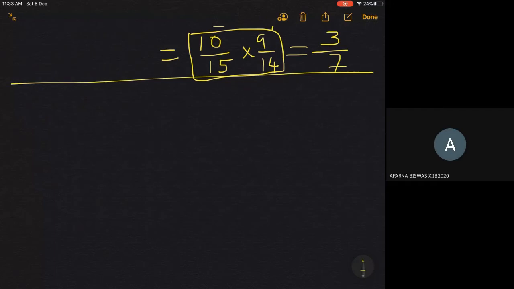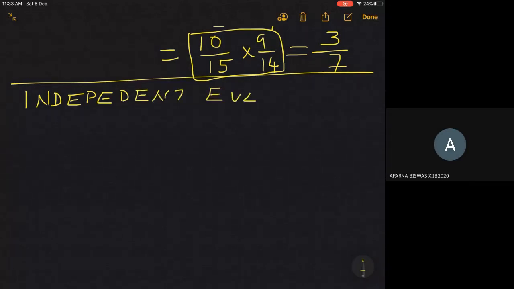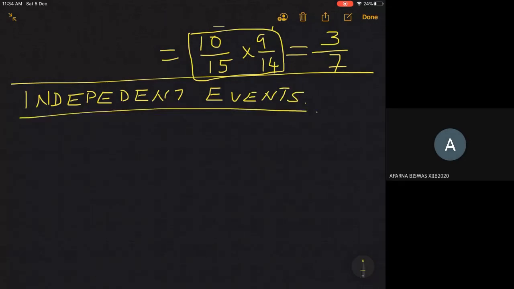The next topic is independent events. You need not write the example, only the formula you need to learn.